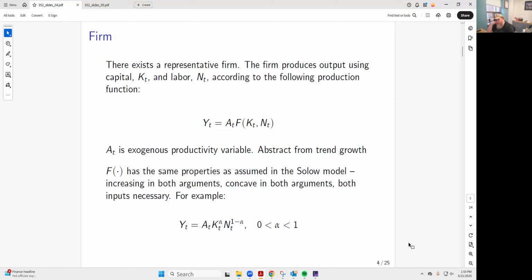Okay, so the firm. The firm is in many ways the jumping off point to understanding the supply side of an economic system. So we can think about there being an individual firm production function. Now, one thing I want to keep in mind here that's maybe a little confusing is the use of "N" for labor.